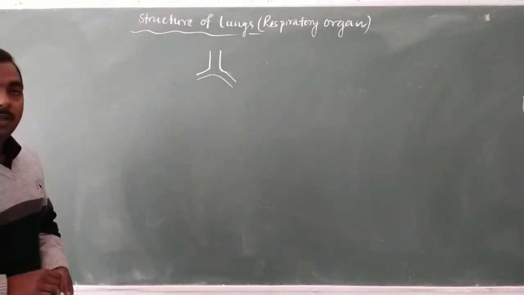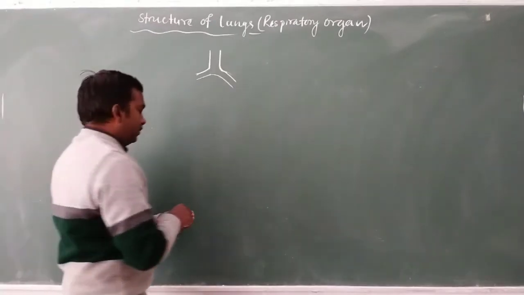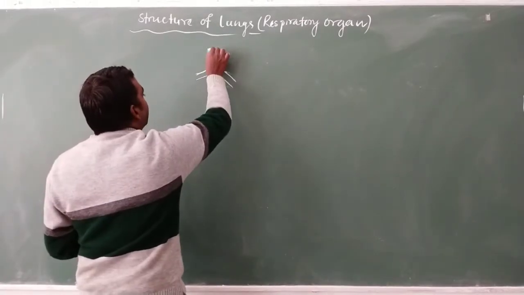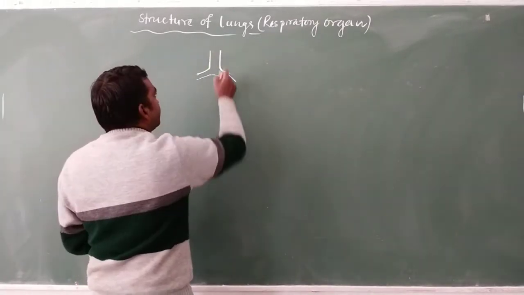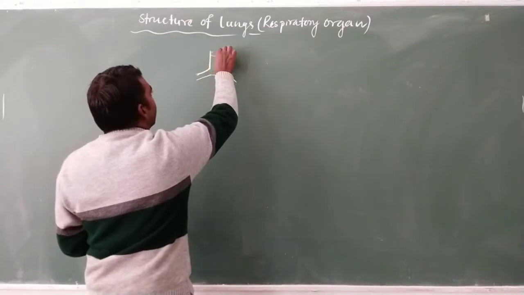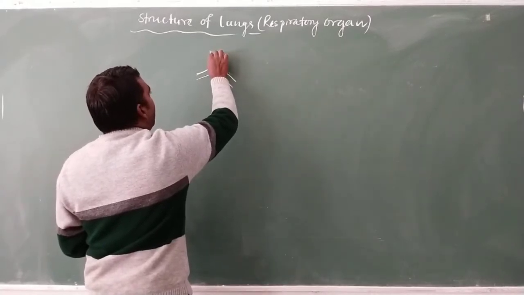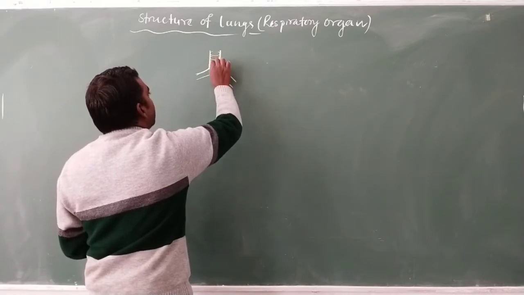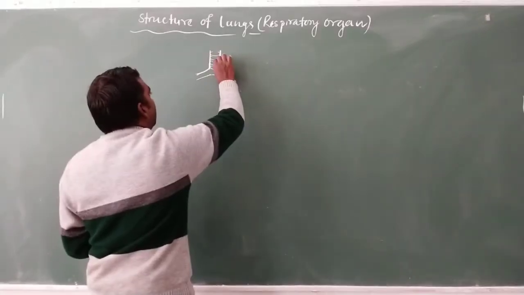Each bronchus enters into each lung. This is the trachea, which consists of cartilaginous ring-like structures, which help to prevent the collapsing of the wall of the trachea.